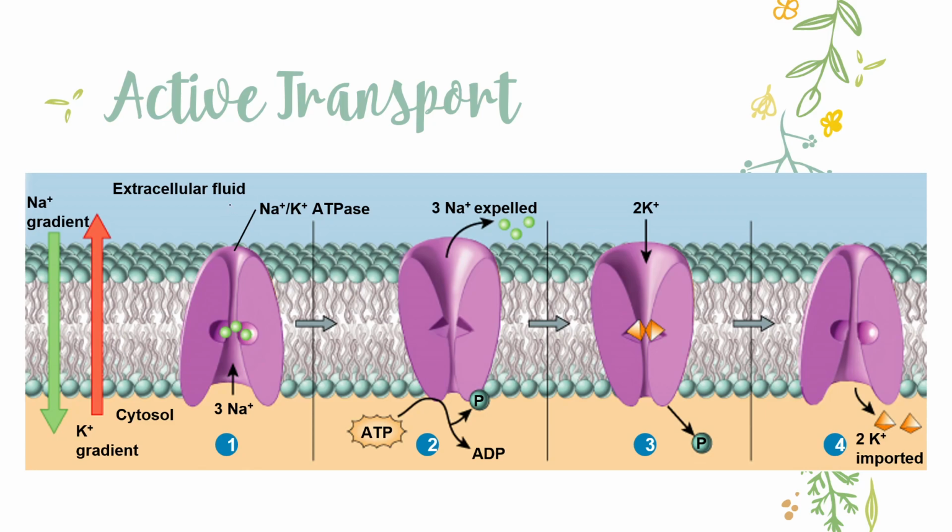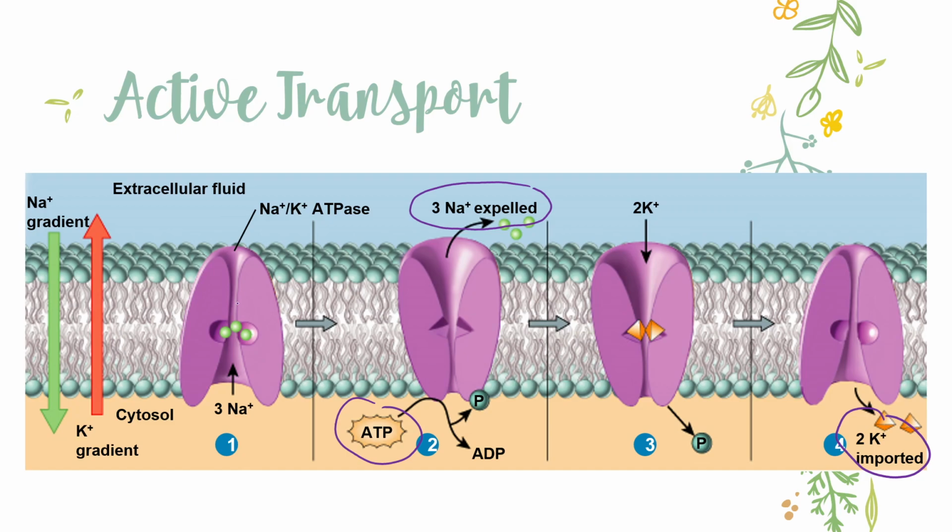So, in every 3 sodium that is being expelled, there are 2 potassium that is being imported. And every time that there is an exchange between these two ions, ATP will always be involved. As of this moment, that is all you need to remember.